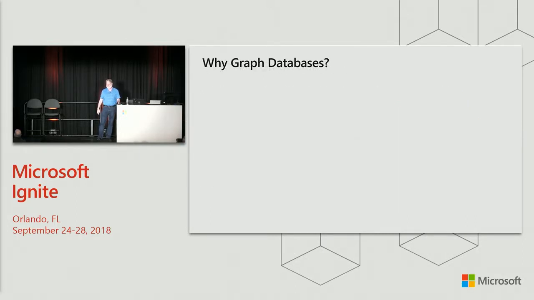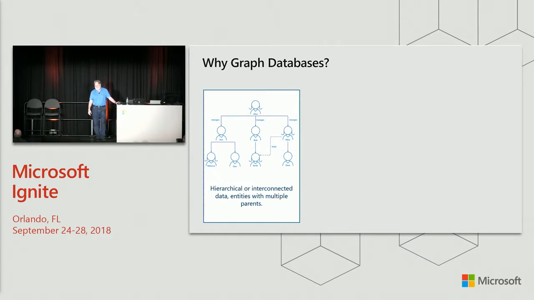So why a graph database? You might have hierarchical data, and hierarchical data generally is a nice tree structure, but reality is generally not that clean, right? There are always exceptions. So if you're using something like hierarchy ID, that works perfectly if you have a very clean tree.